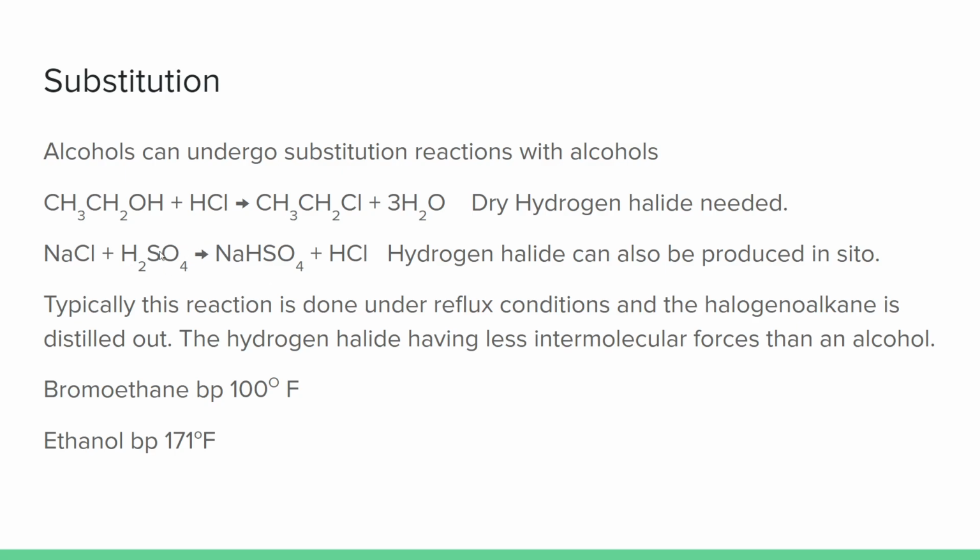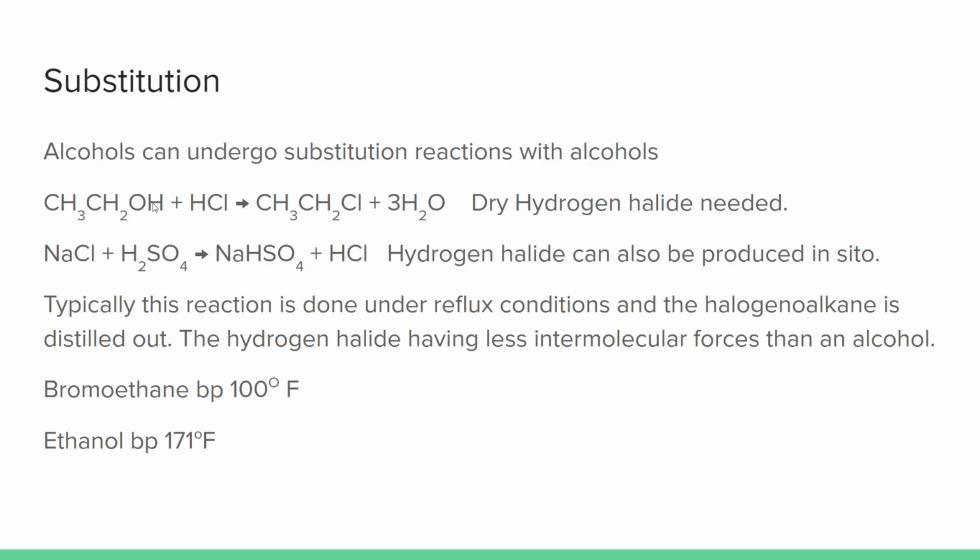We can also end up making the hydrogen halide in situ. So for instance, in this particular case, if we add salt to sulfuric acid, we'll end up making a new salt and hydrochloric acid. And note that this is a case where we have to make sure that we're using concentrated stuff. The idea is that we can get the chloride ion to be the nucleophile, okay?